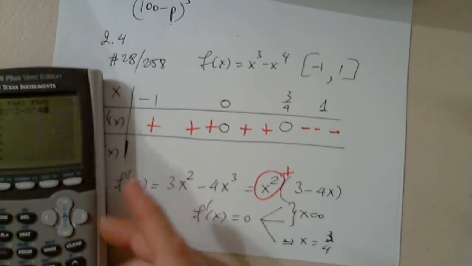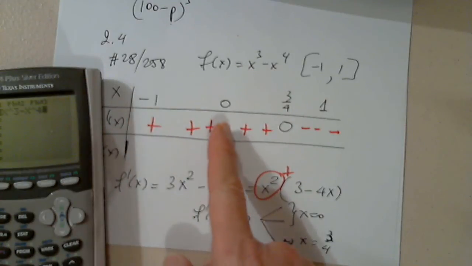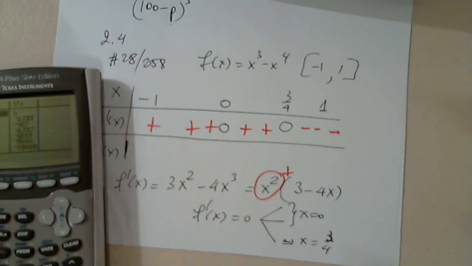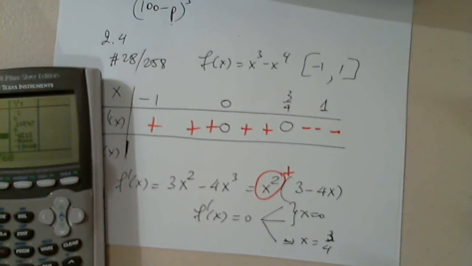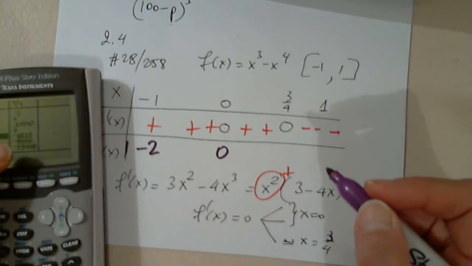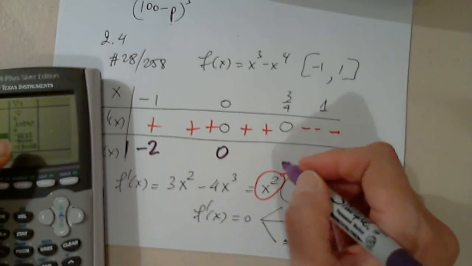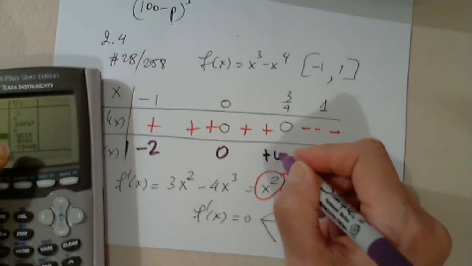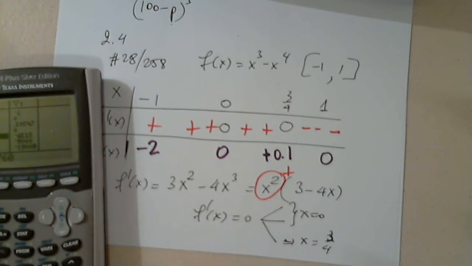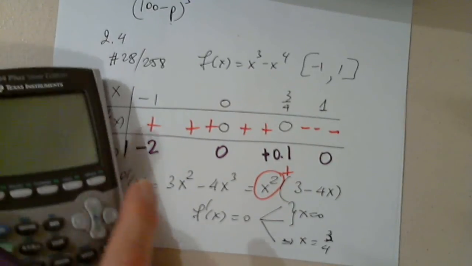And I determine these values for the function at -1, 0, 3/4, and 1. Now I'm copying those numbers. At -1, the function is -2. At 0, the function is 0. At 0.75, the function is positive 0.1. And at 1, the function is 0.